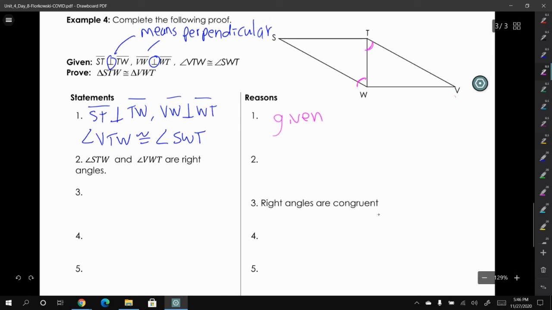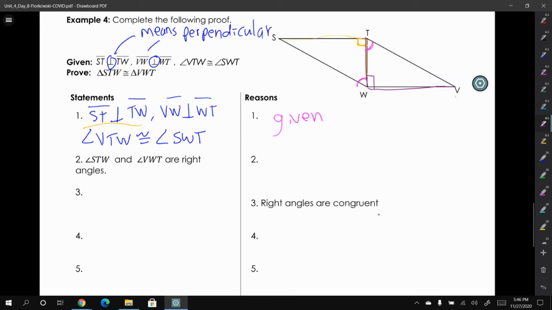Now, when we have perpendicular lines, that means that we have right angles. So if ST and TW are perpendicular, that means this angle here is 90 degrees, where line ST and TW intersect. And where VW and TW intersect, that's also a right angle.